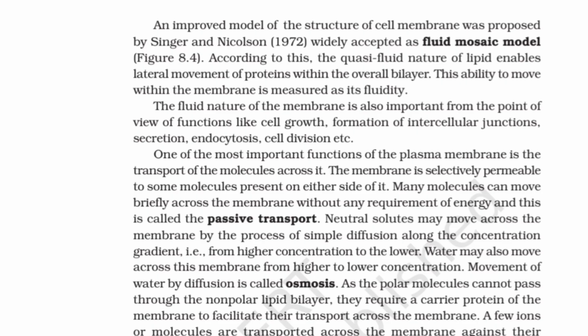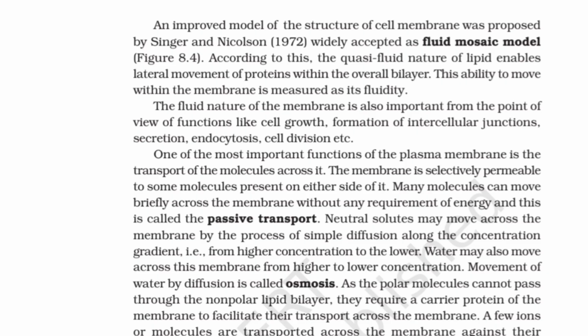This ability to move within the membrane is measured as its fluidity. The fluid nature of the membrane is also important from the point of view of functions like cell growth, formation of intercellular junctions, secretion, endocytosis, cell division, etc.